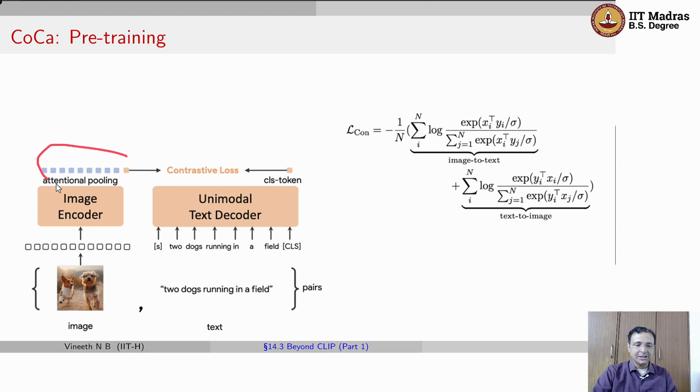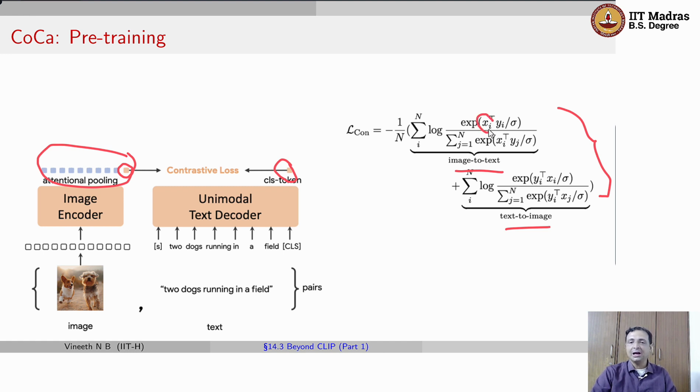Now the image encoder outputs a set of tokens along with a token that's used for the contrastive loss along with the CLS token that is given as output by the text decoder. The contrastive loss is given by both the image to text components and the text to image components.